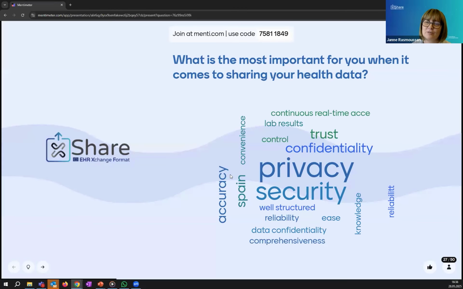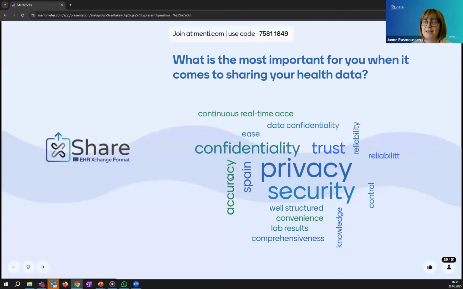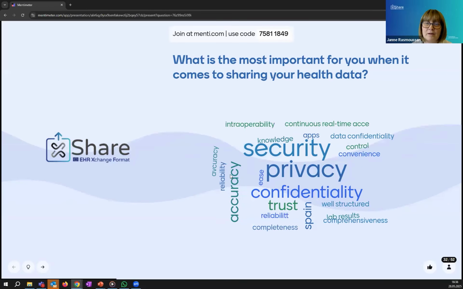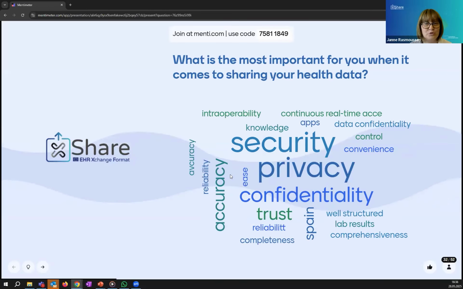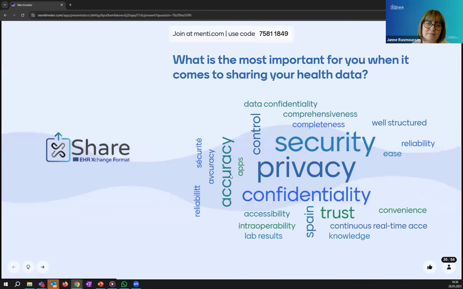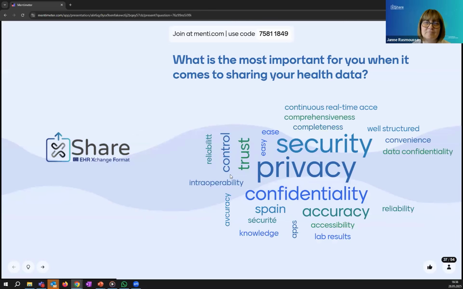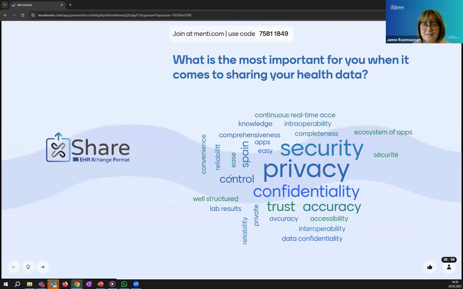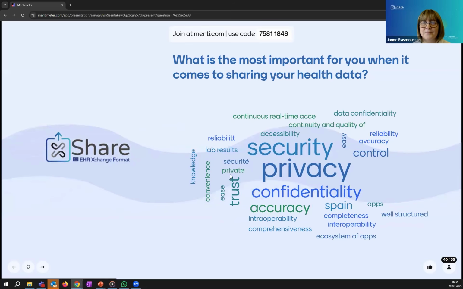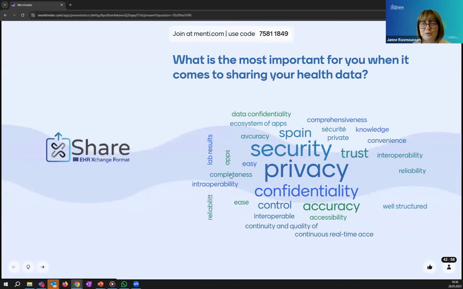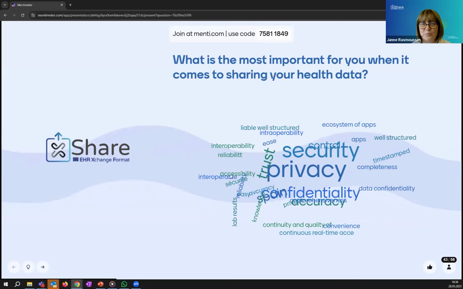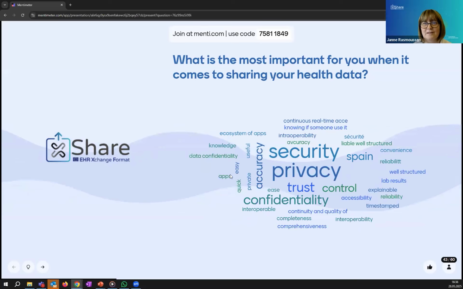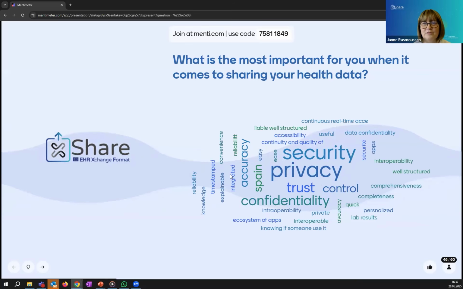But very interesting also seeing things like it has to be reliable, interoperable, well-structured, convenience, easy to use. Yes, I think we all got that. There's no doubt that there's the usage part, but there's certainly also the security and privacy aspect. This is very important.